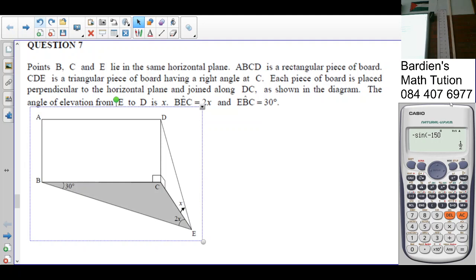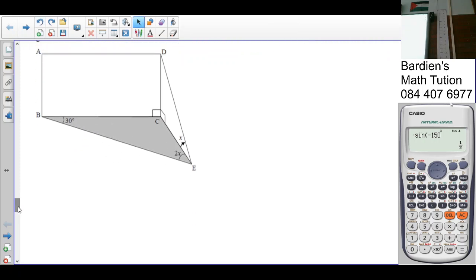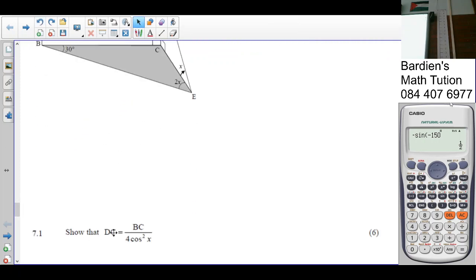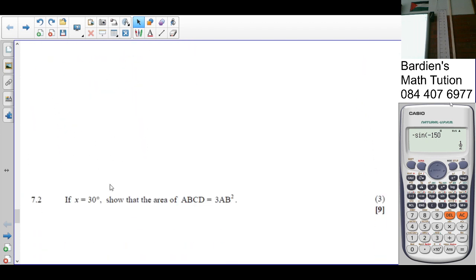And EBC is 30 degrees. Okay, so there we got 2x. If needed, we can calculate this angle here, going with the fact that it's the sum of the angles of a triangle. So everything that is given to us in the introduction is in fact in the diagram.